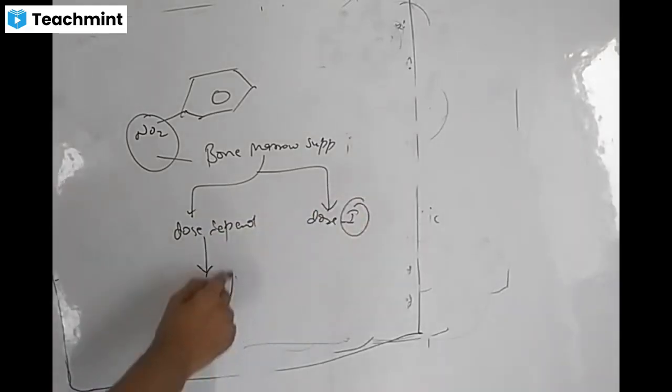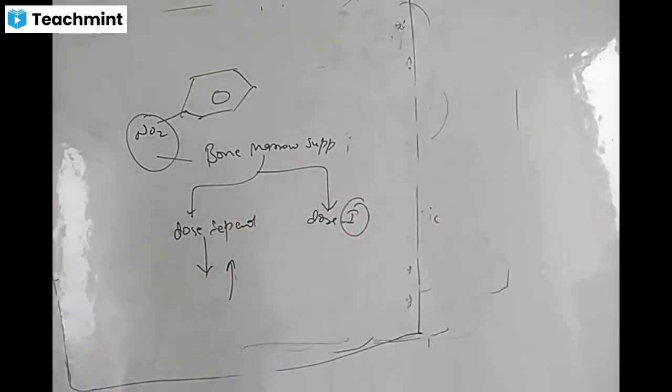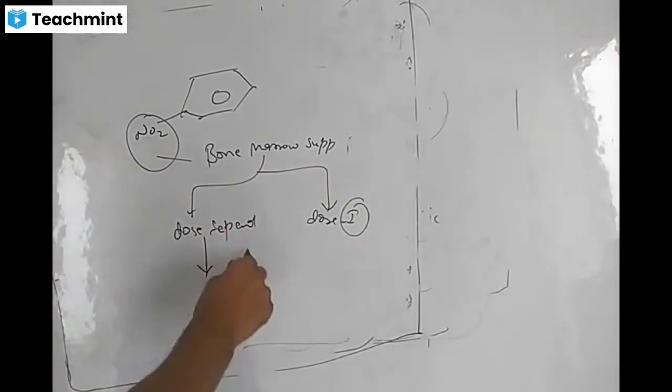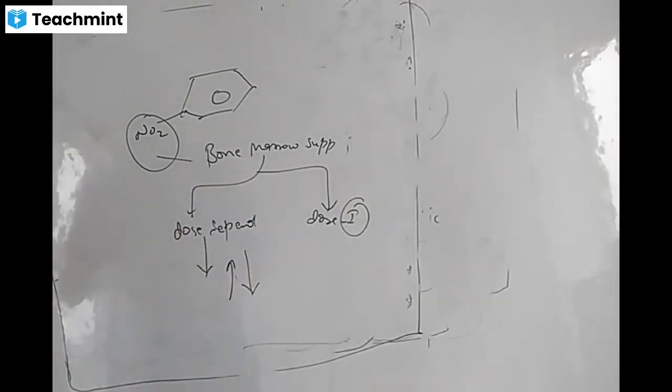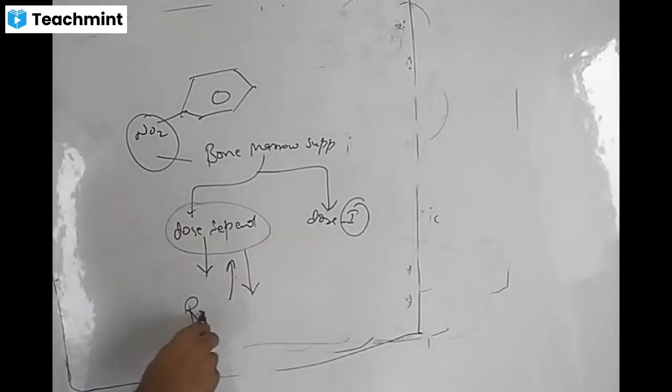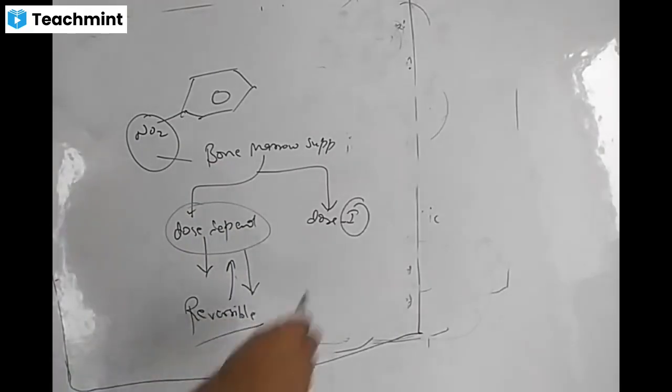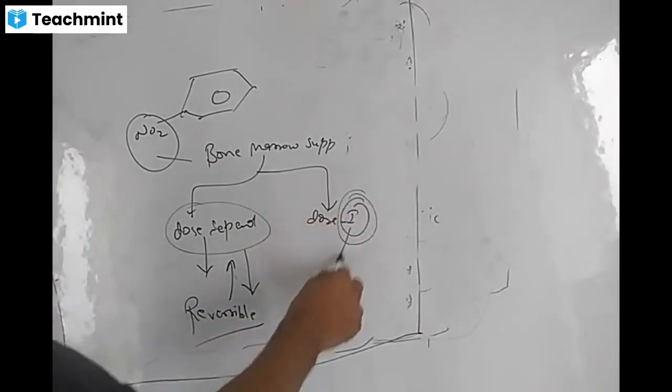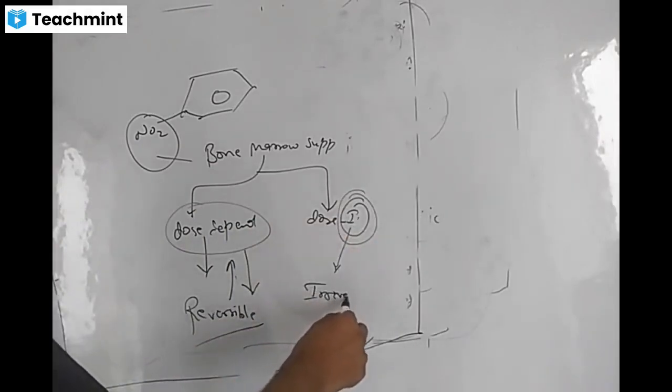Dose dependent means if you increase the dose, bone marrow will suppress. If you decrease the dose, it will come back. So this is known as reversible. The other is independent of the dose, I for I, that is irreversible.